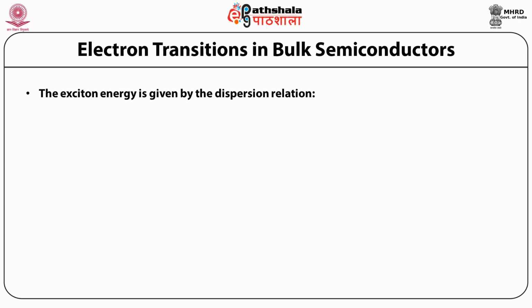The exciton energy is given by the dispersion relation, that is En equal to Eg minus Ry star by n square plus ħ square k square by 2 times me star plus mh star.